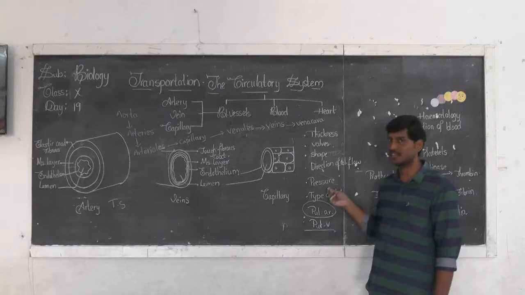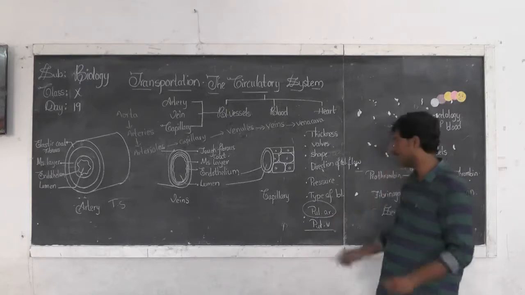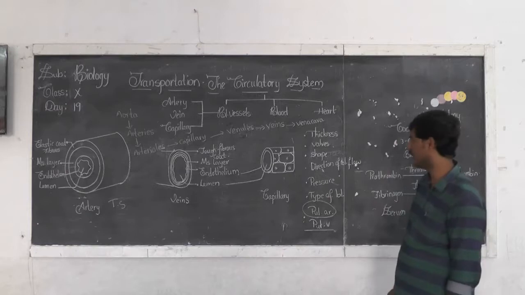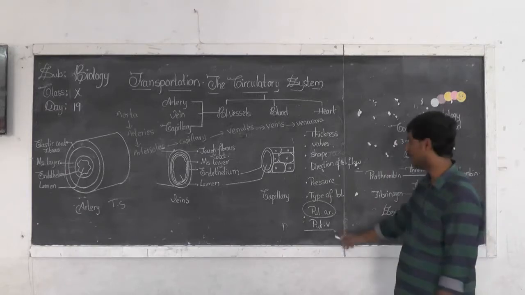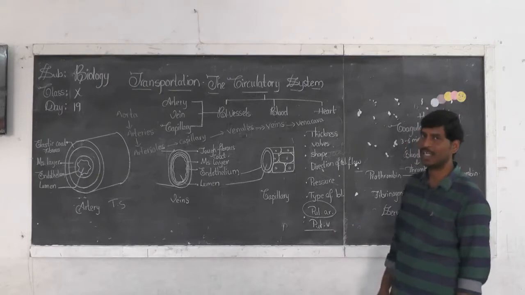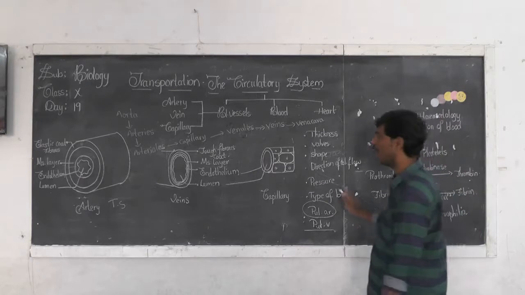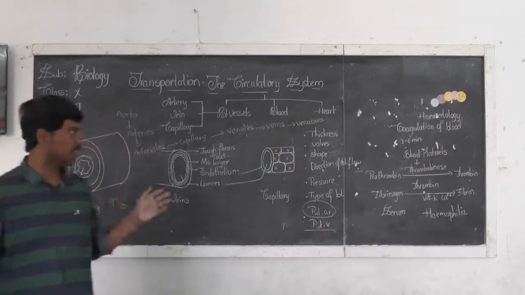Pressure in arteries is more, pressure in veins is less, and all arteries carry oxygenated blood except the pulmonary artery, which carries deoxygenated blood. All veins carry deoxygenated blood except the pulmonary veins, which carry oxygenated blood. Right? Apart from these, the blood vessels.